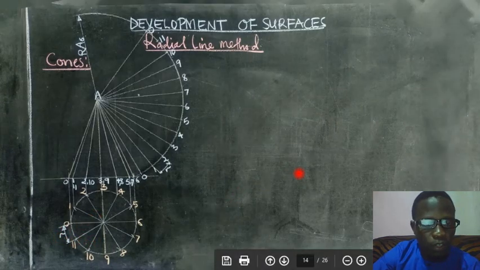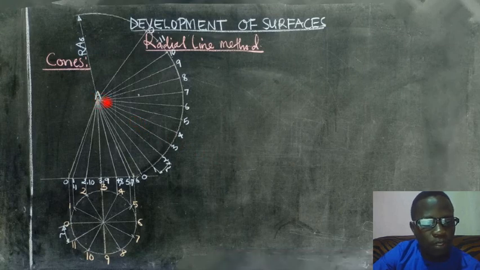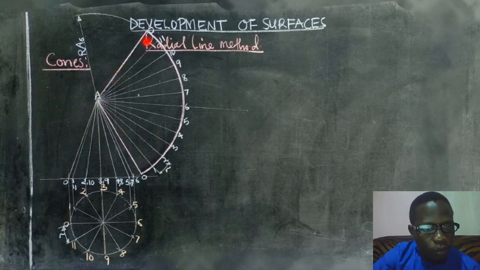So what we do, we now join those lines from the apex to those points you have created on your curved surface. Like as you can see here, we have these lines we have joined from the apex to those points. Now, having included those points, we can now outline our figure to give us the required piece or part of development.